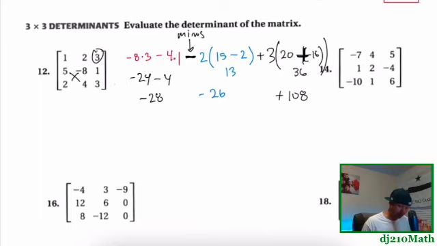And it's plus, because it's times positive 3. Okay, we got negative 28 minus 26. This is going to be negative 53. 8, 9, 10, 11, 12, 13, 14. Oh, 54. Negative 54.